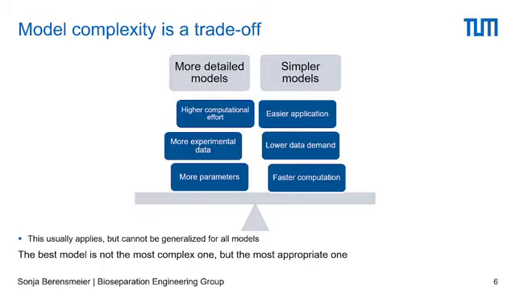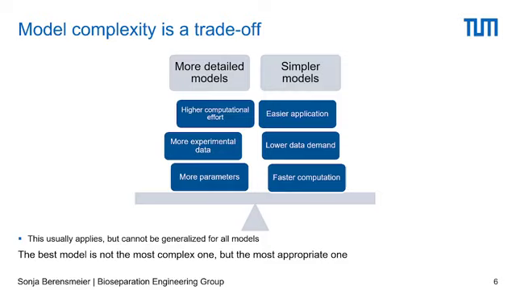This is already a good connection to model complexity, and model complexity is a trade-off. A simpler model that has maybe more assumptions made has an easier application. It has a lower demand on data for calibration and validation, and is also faster in computing, which is an important factor, especially when thinking about doing a lot of simulations.